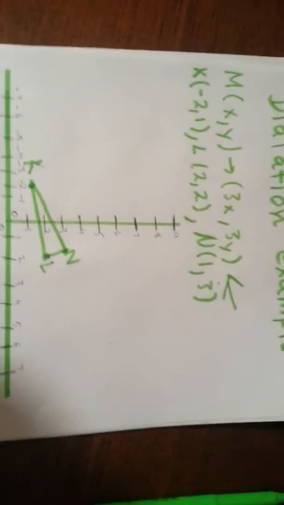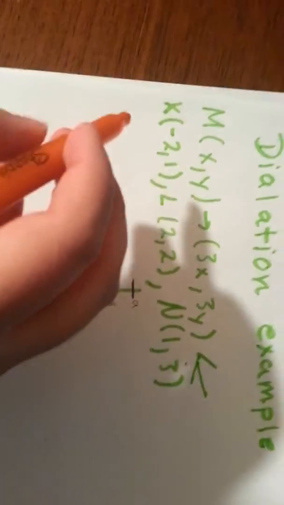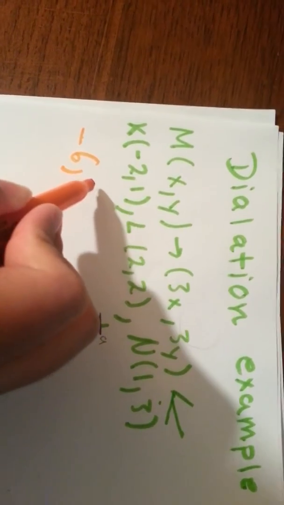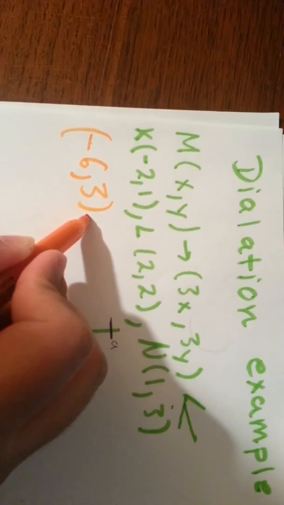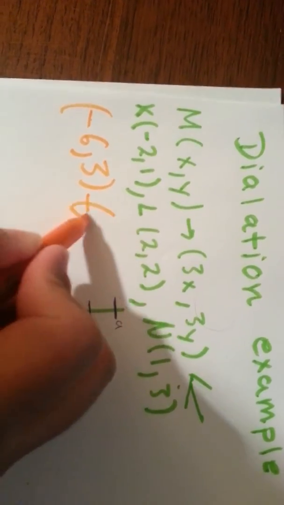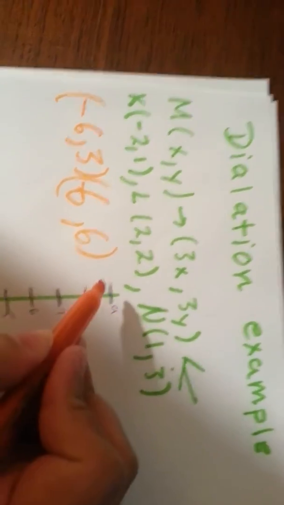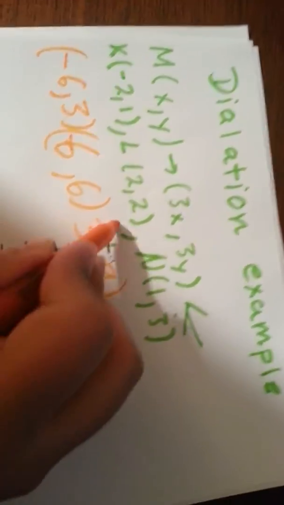So this will become different numbers. When I multiply these numbers with this, I will get negative 6, 3, 6, 6, and 3, 9.